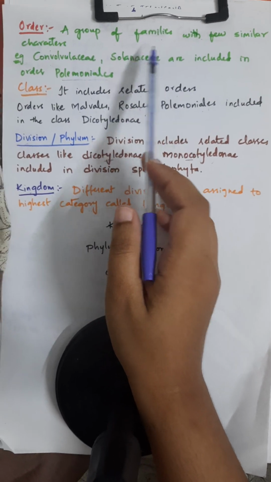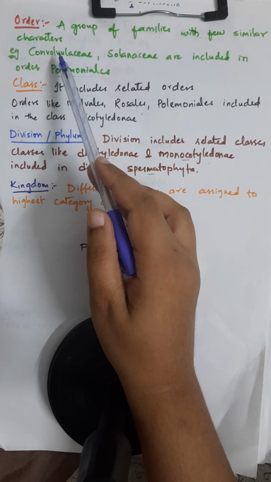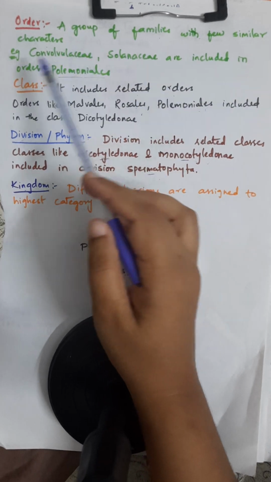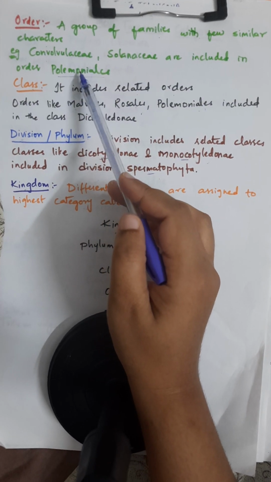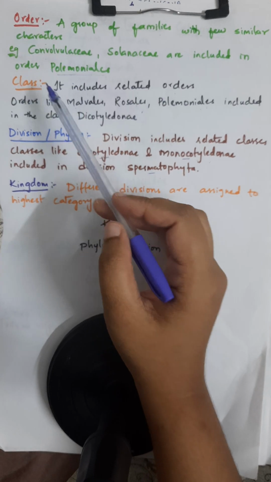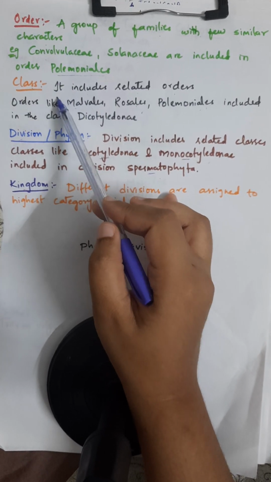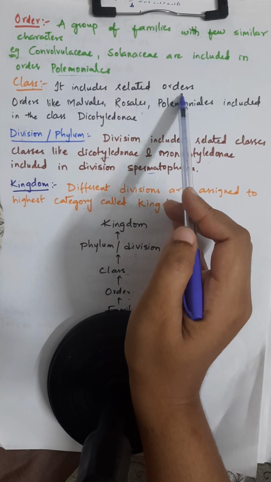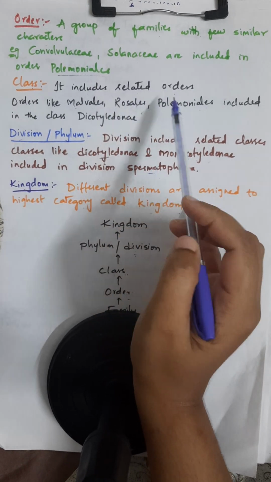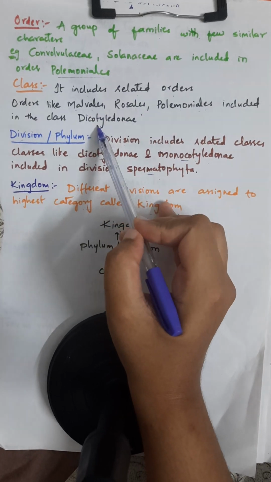For example, the families Convolvulaceae and Solanaceae are included in the order Polemoniales. So all these families together we keep in the order. Coming to the class, all the related orders are included in the class. Example, orders like Malvales, Rosales, Polemoniales. These orders are kept under the class Dicotyledonae.